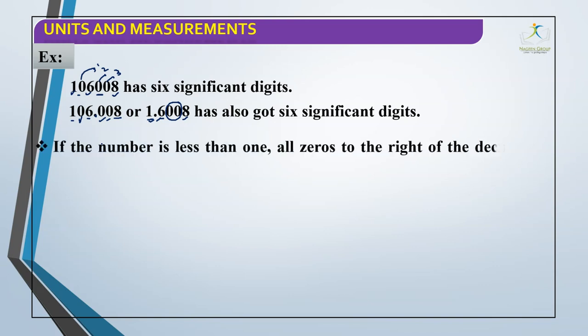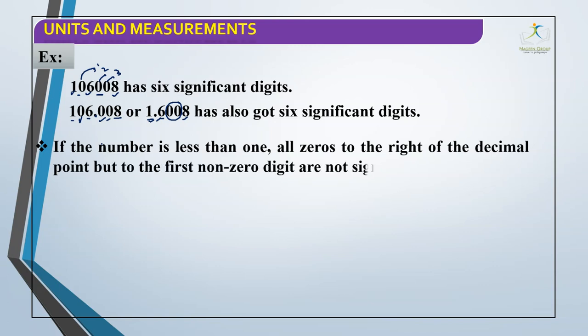If the number is less than 1, all zeros to the right of the decimal point but before the first non-zero digit are not significant. This point is quite important, so I want to brief you on what it means. For example, we have taken a number less than 1.